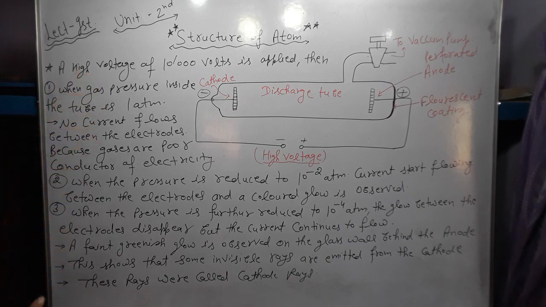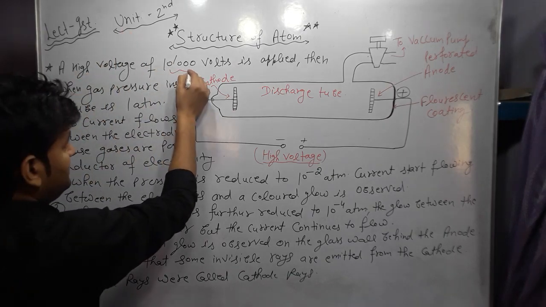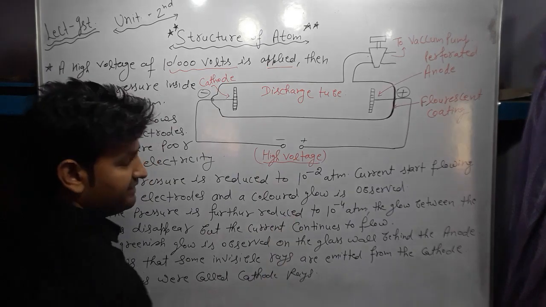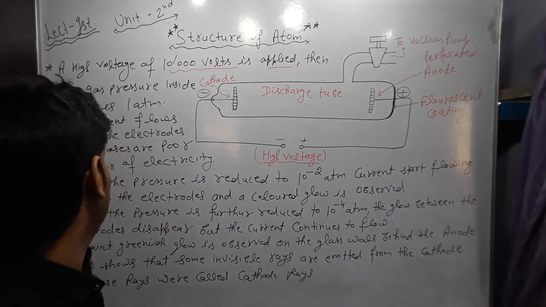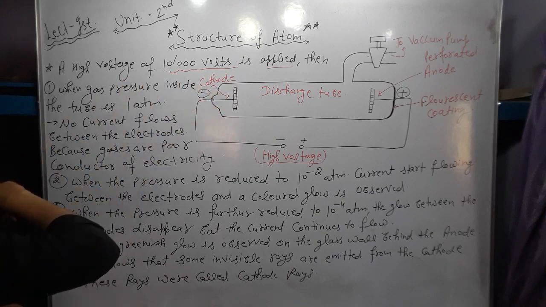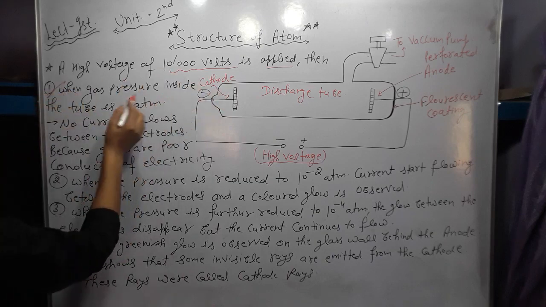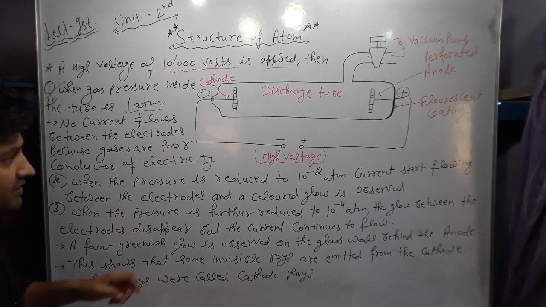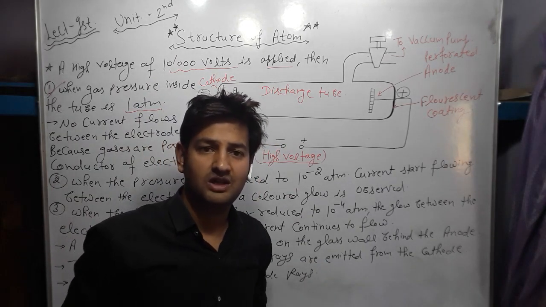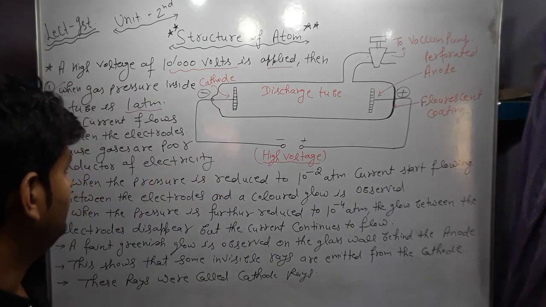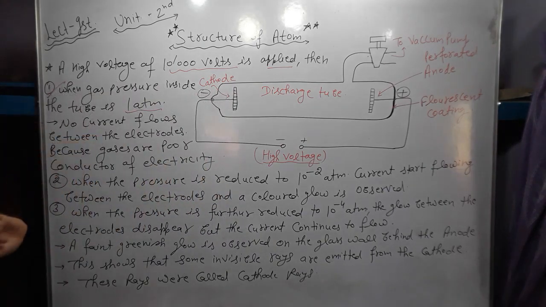When a high voltage of about 10,000 volts is applied, what are the results observed? When the gas pressure inside the tube is 1 atmosphere, equal to atmospheric pressure, then current will not flow.